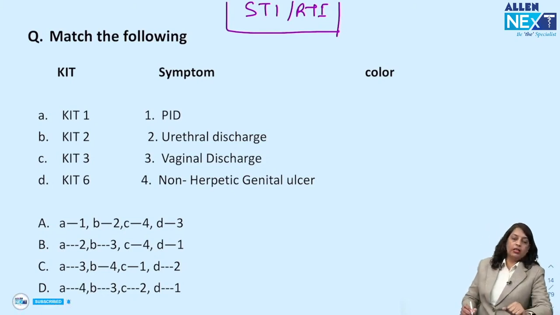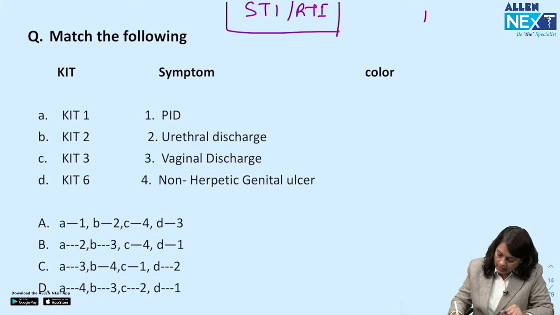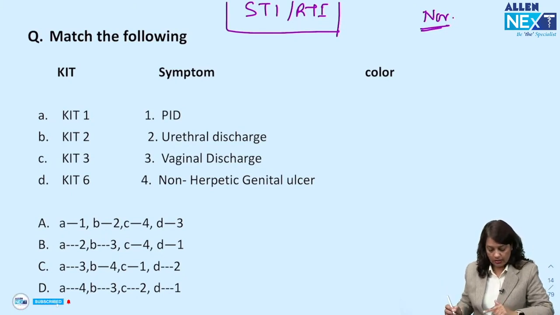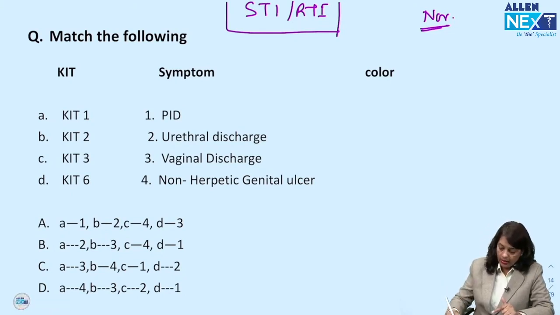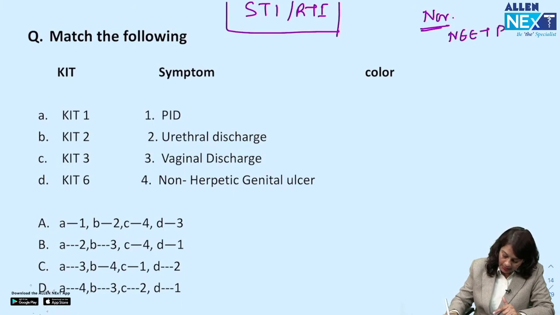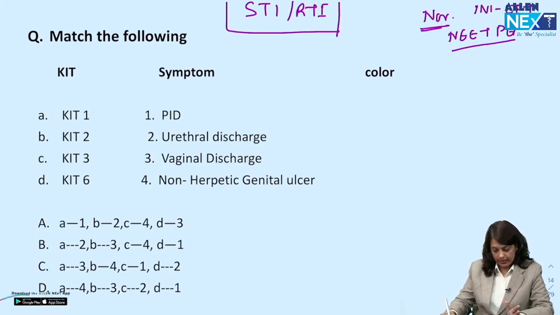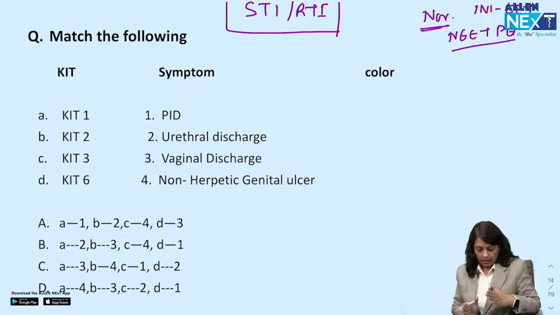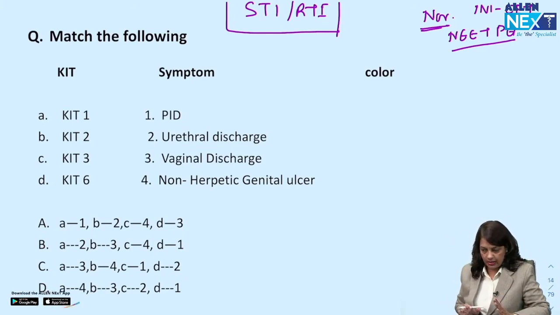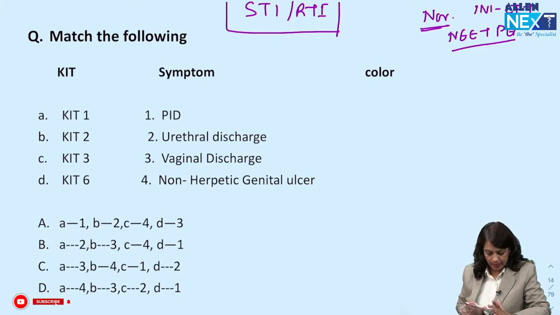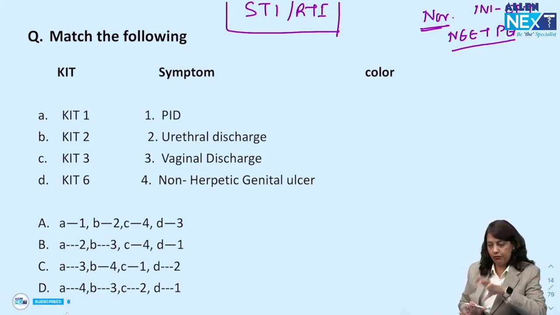Now there is a kit coordination, and in the November exam there was a question on these color code kits. In the NEET PG exam also there is a question on the color code kits, but here I have just created a question like this. It is a question of INI CET pattern where you have to match the following.